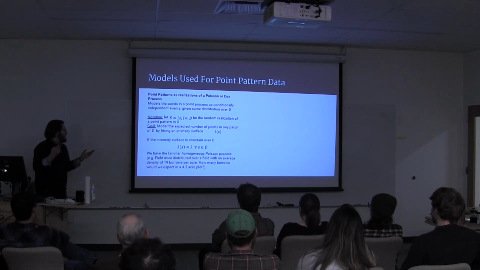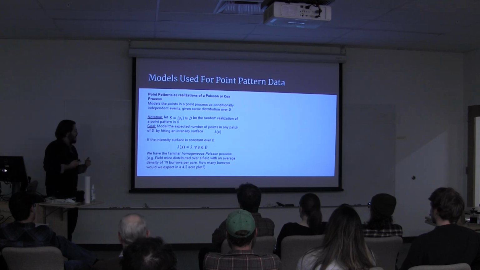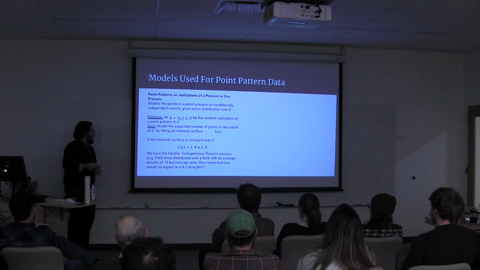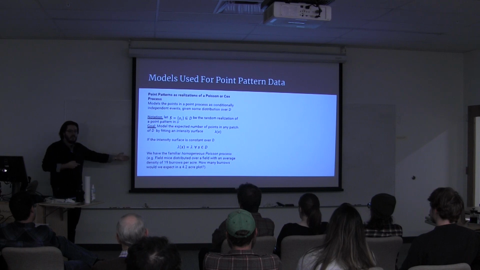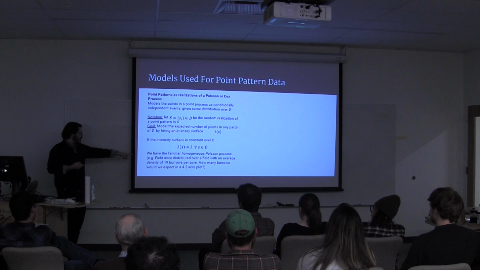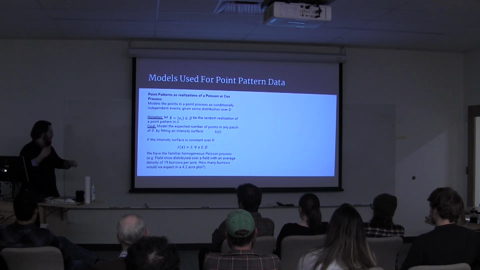What if that intensity surface was constant over D? This is called a homogeneous Poisson process, and that means that lambda of s equals some constant lambda for every point in D. The example here is your classic one you would see in undergrad probability courses when you first see a Poisson distribution. The field mice are distributed over a field with an average density of 19 burrows per acre. How many burrows would we expect to see in a 4.2 acre plot?